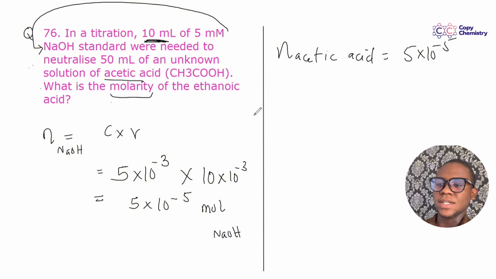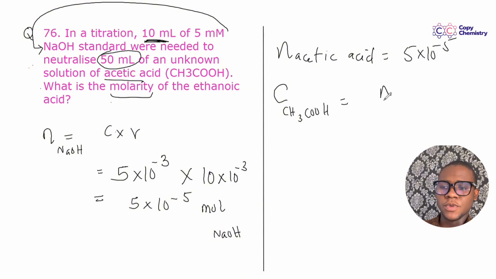calculation of the molarity. They said that the acetic acid solution was 50 ml, so that means the concentration or the molarity of ethanoic acid will be the number of moles of ethanoic acid divided by the volume of ethanoic acid.